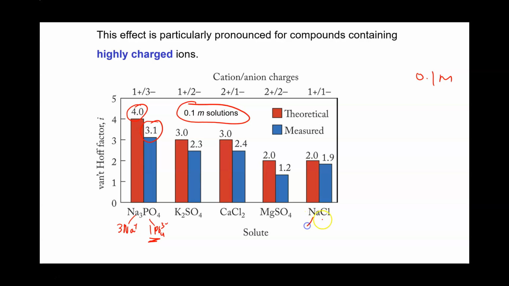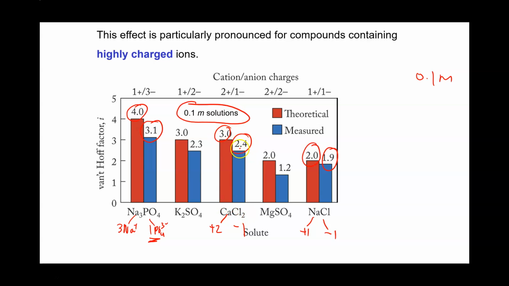Now if I go down to sodium chloride here, where we've got a +1 for the sodium and a -1 for the chloride, you can see that we would predict we're going to get 2 ions when 1 mole of this stuff is dissolved. We get a value that's pretty close to that, 1.9 for the actual Van't Hoff factor. Now if I take the intermediate case here, where I've got a +2 with a -1, you can see that I get a modest deviation from the ideal scenario, where I would get 3 ions here, 2 chlorides and 1 calcium.